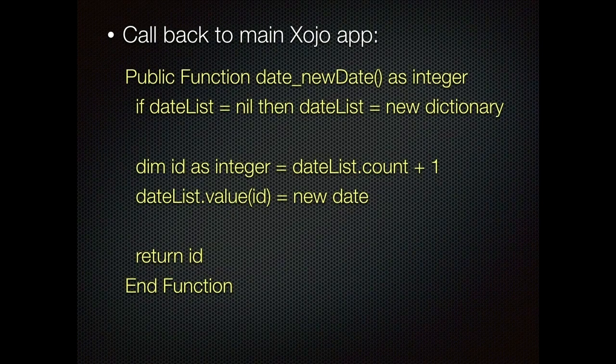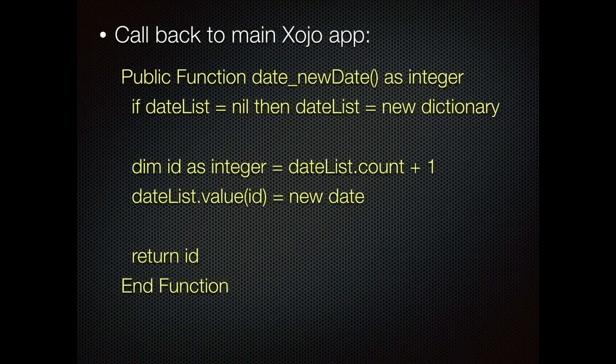Secondly, we just increment an integer ID, because it's just a number, so they'll all have a different number. And then we just assign it to the dictionary with new date. So we just created a date object. That's all we did. The only thing that's tricky is we're actually storing the date object in the main app, because we can't really store it inside the script. So we're just kind of tricking our way around this.